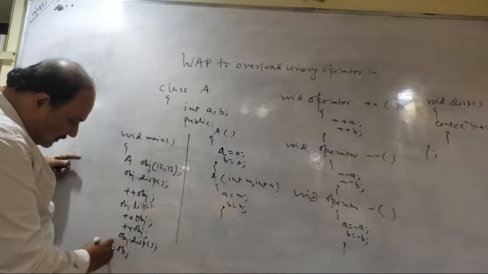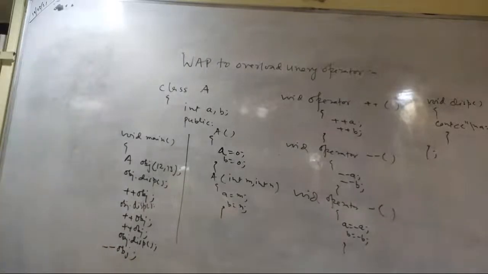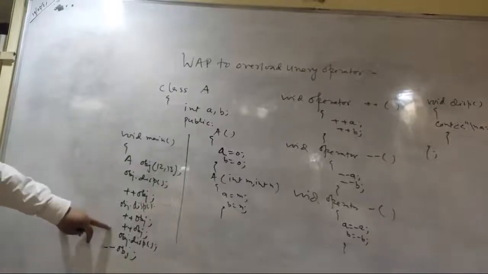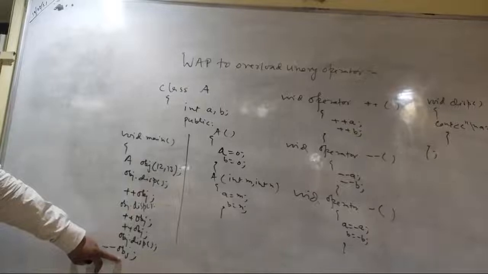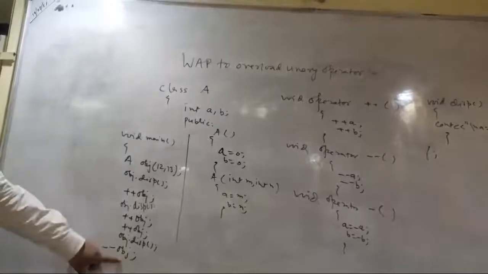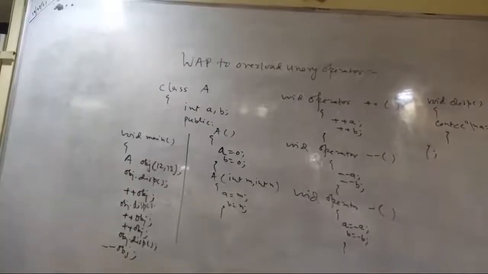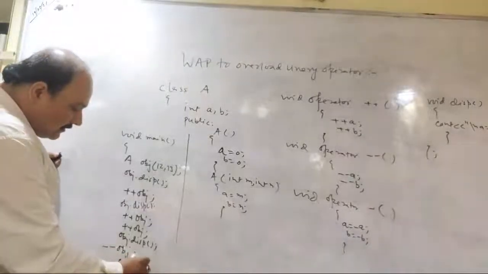Further you use minus minus, and after accessing the particular operator function two or three times, we use minus minus obj to see the effect in each pass. Whenever you use minus minus obj, it is decremented by a factor of 1 from the current status.